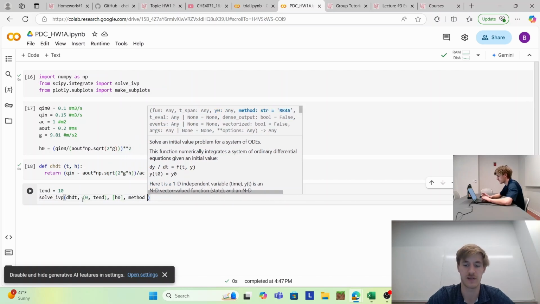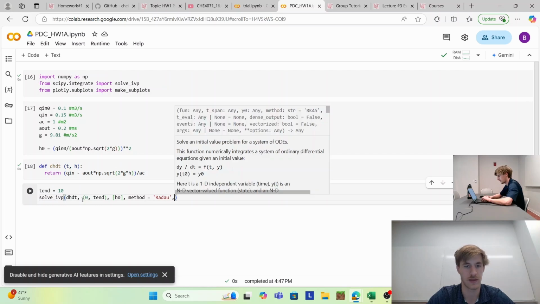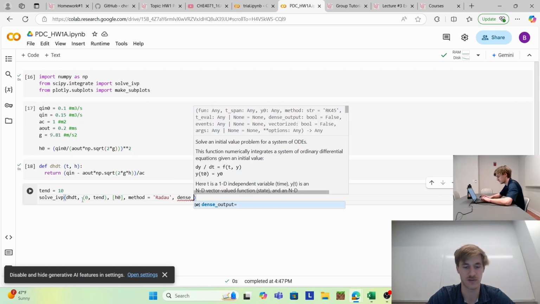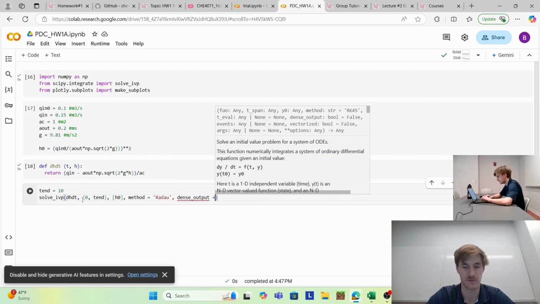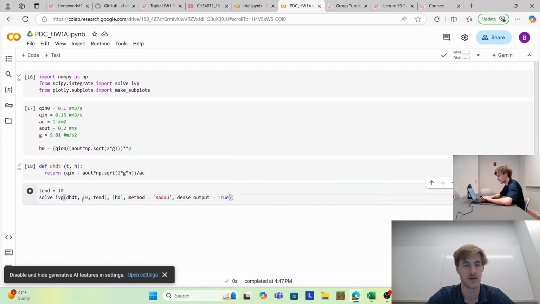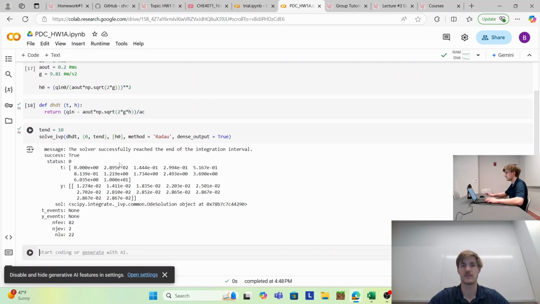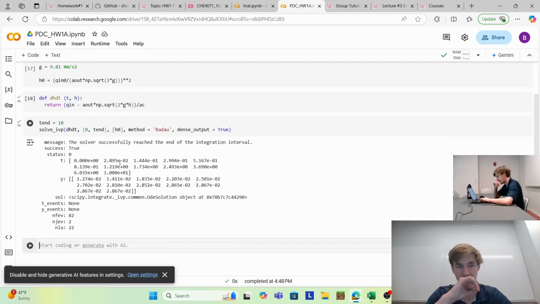And I want the method to be RK45 and dense output equal true. That'll allow us to. So the solver successfully reached the end of the integration interval. So now we'll be able to graph it.